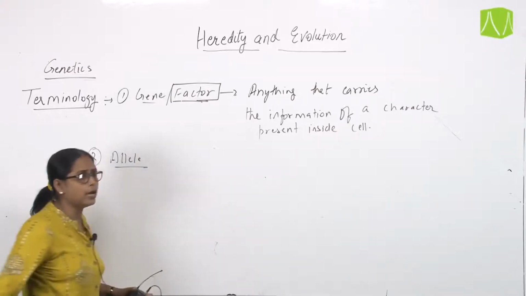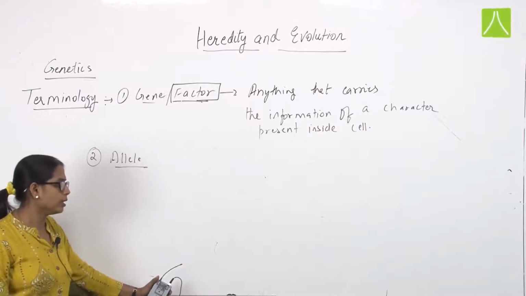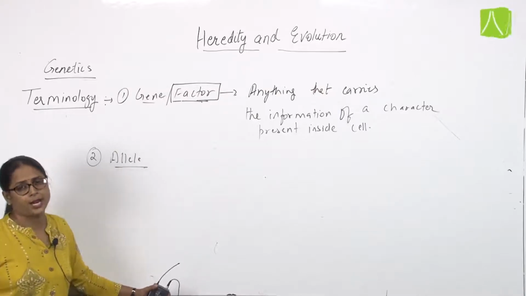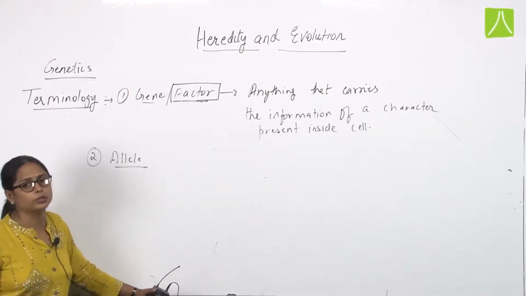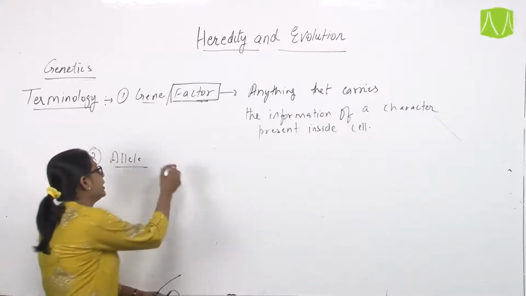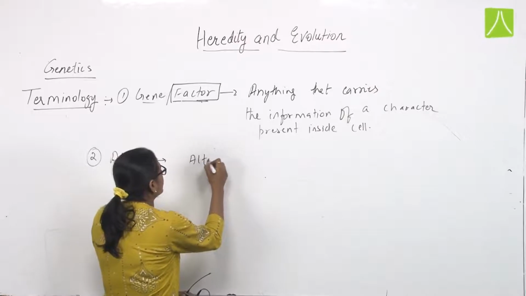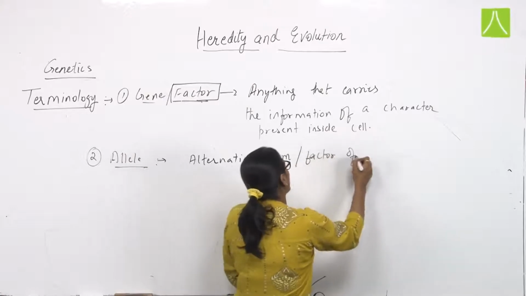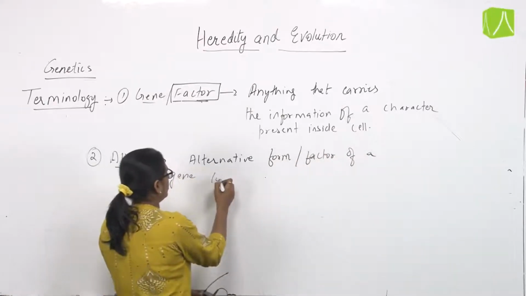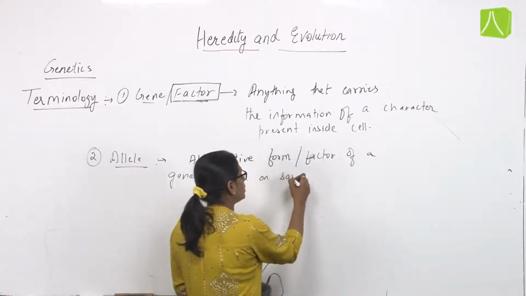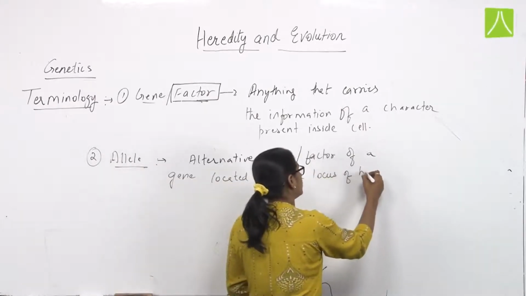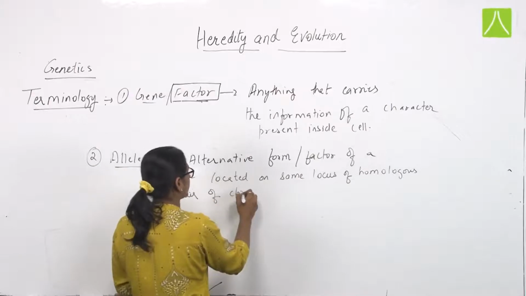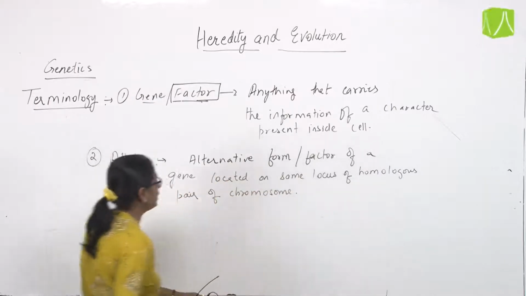So he explained that an allele is the alternative form or factor of a gene located on the same locus of a homologous pair of chromosomes.